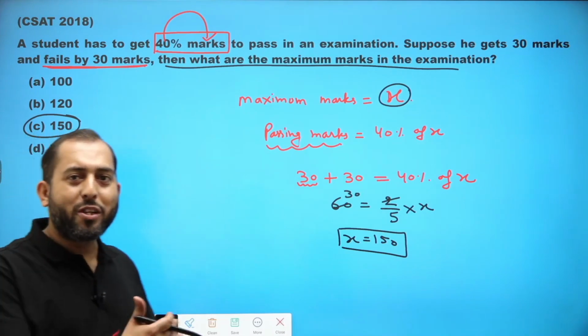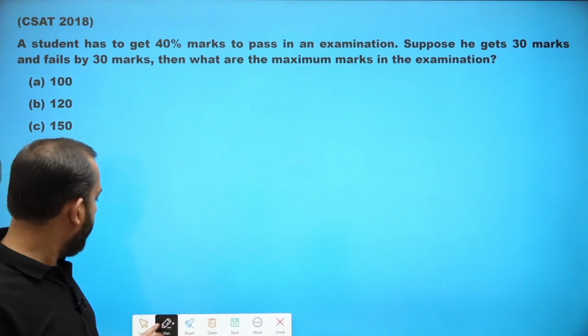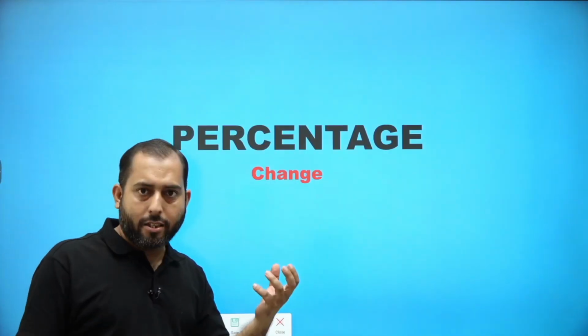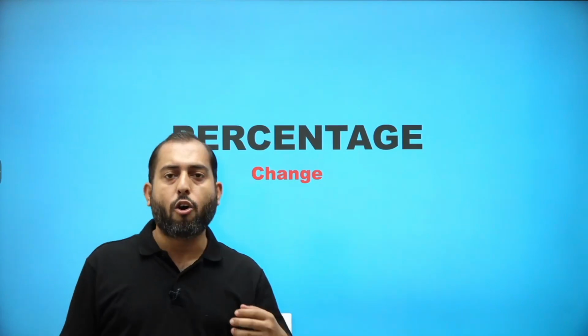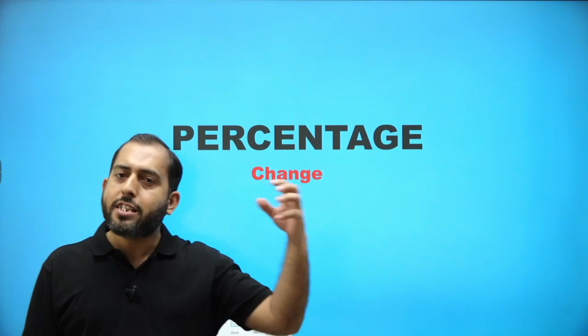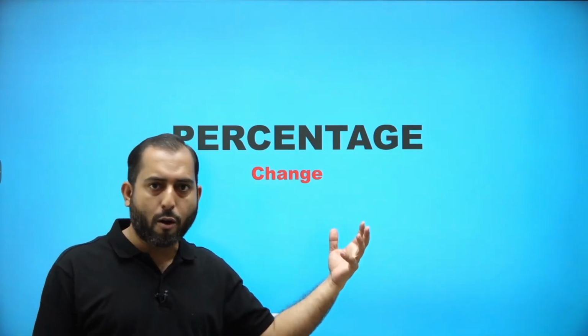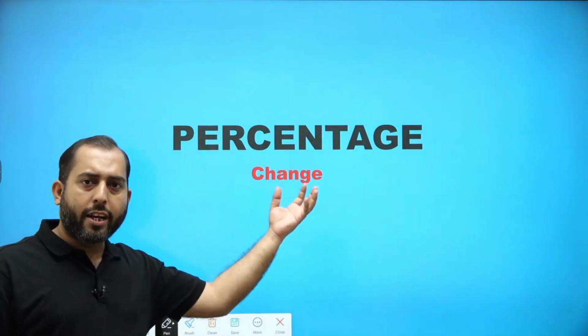Let's move on to the next case. This is the next theme under percentage. It is called percentage change. It is very similar to that earlier theme, which is the base value based problem. Let's learn how to tackle these kinds of cases.